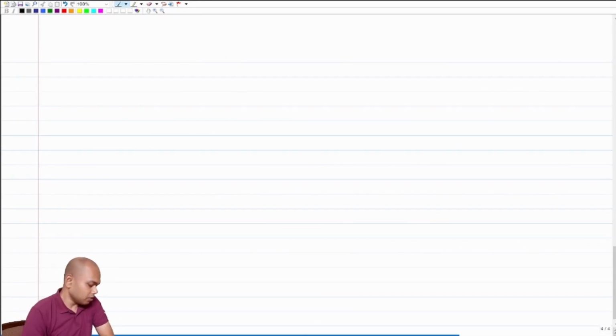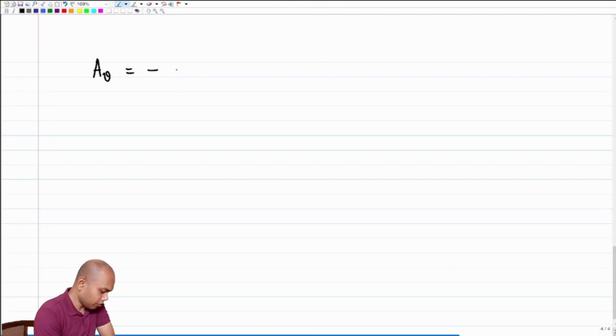So now the gain that I am getting out of this common source amplifier, the voltage gain, is minus gm times RD parallel RL, right?